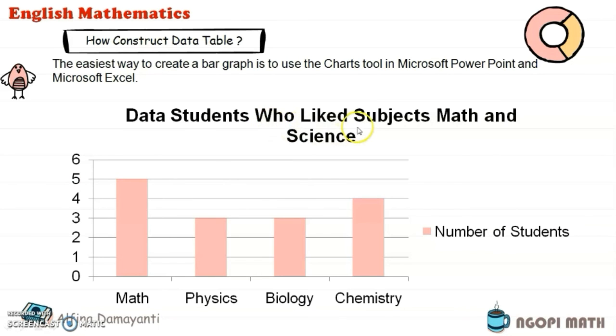Students Who Like Subjects Math and Science is the title of this bar chart. The color pink represents the frequency of how many students like the subjects.